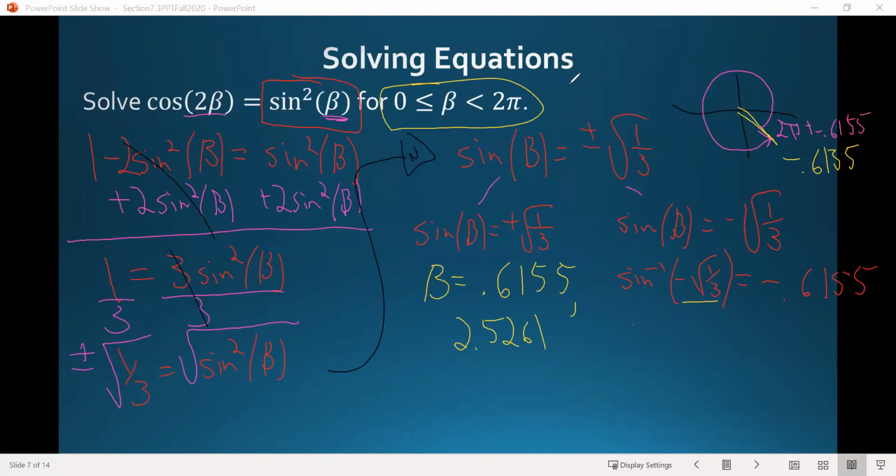When we do that, we should end up with beta equals 5.6677. Okay, so that'd be an answer in the fourth quadrant. But we also know that sine is negative in the third quadrant, so we need to find an answer there. And how would we do that?